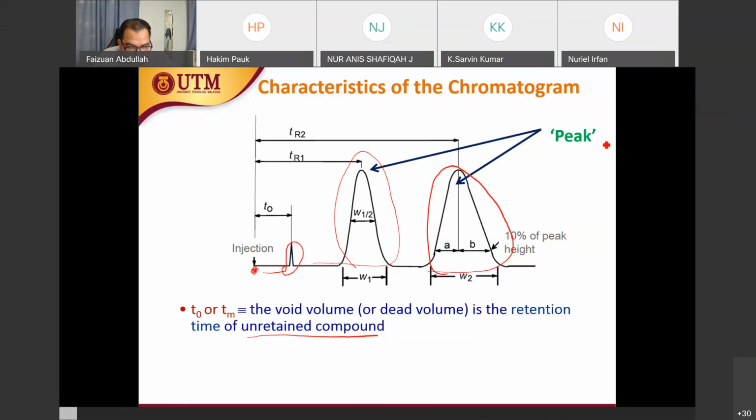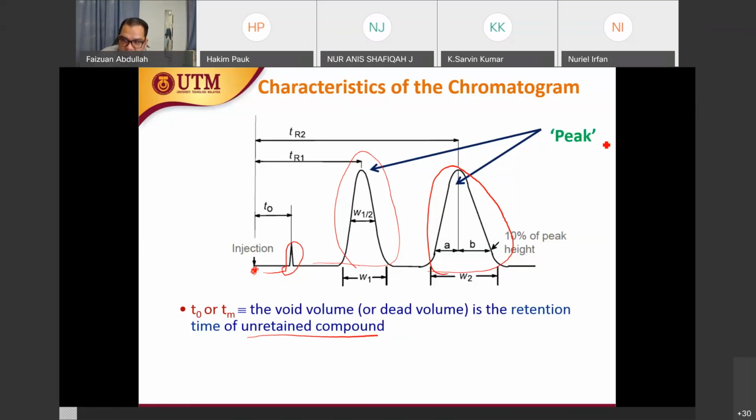Does it answer your question, Doctor? Again, the time is calculated from the injection to the detection. You can explain it more. Somebody can explain it more, so that your friend can understand?